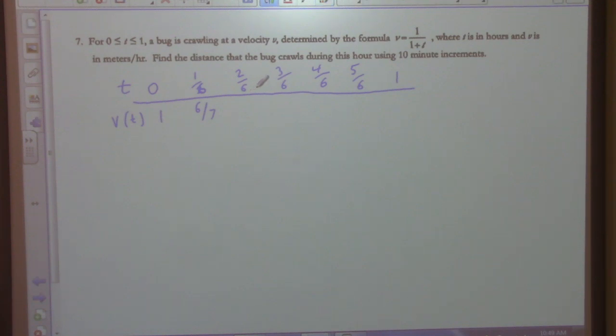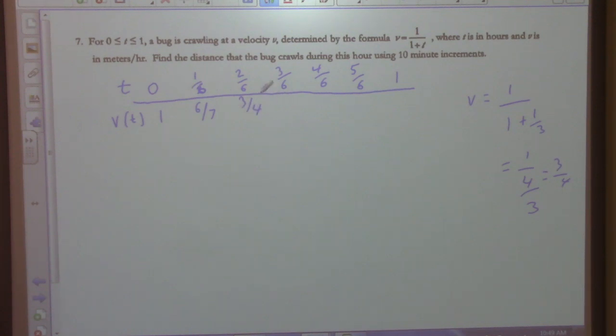For the next one, you can plug in 1/3. So you have v equals 1 over 1 plus 1/3, right? So that's going to be 4/3, which is going to be 3/4. So 3/4.